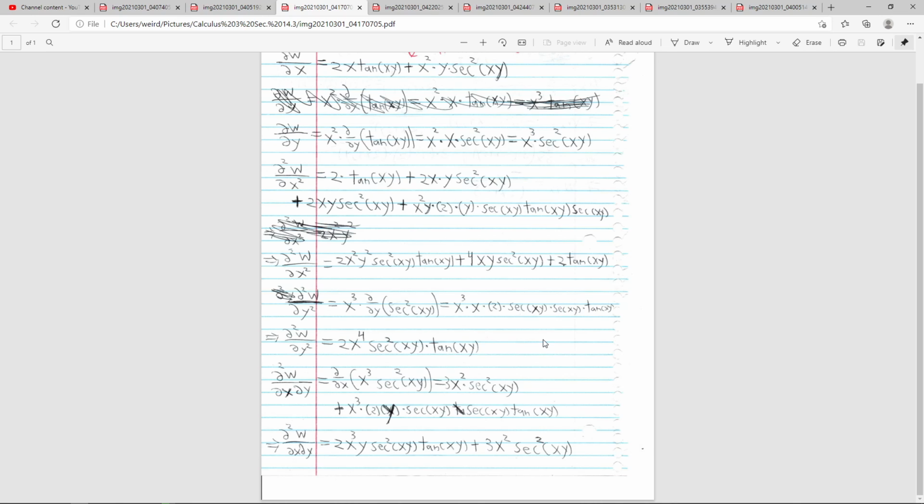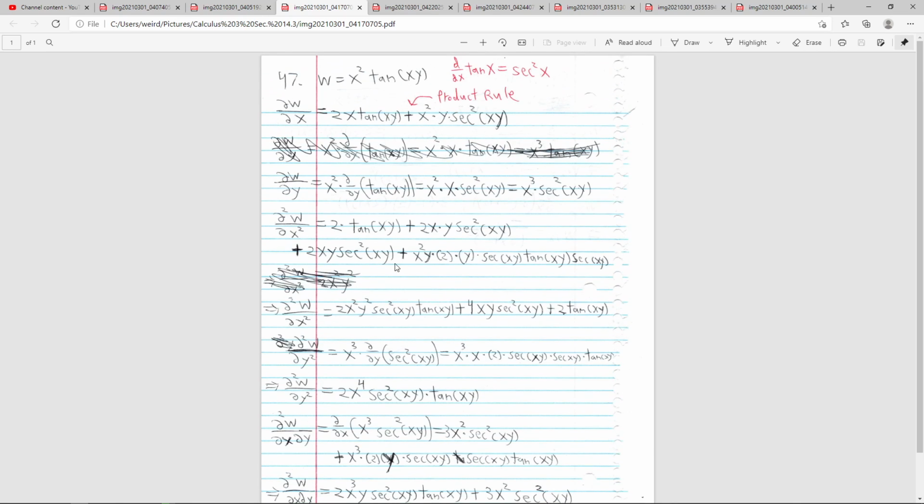That's how it works. That's why in this case it's secant tangent secant, because the original secant had the 2 drop down from it, and the y comes from xy. And then the derivative of just secant in general is tangent secant.